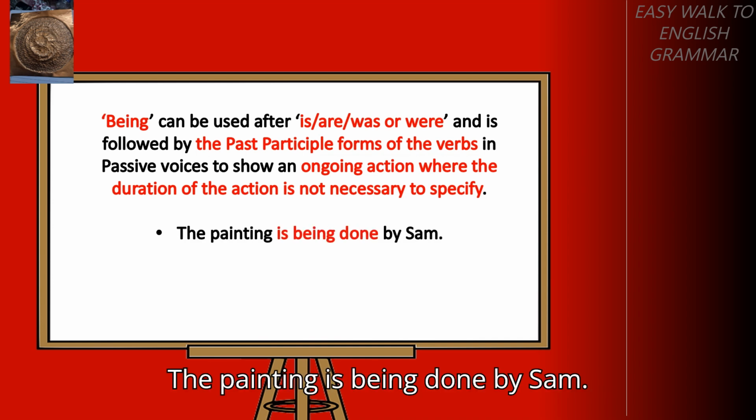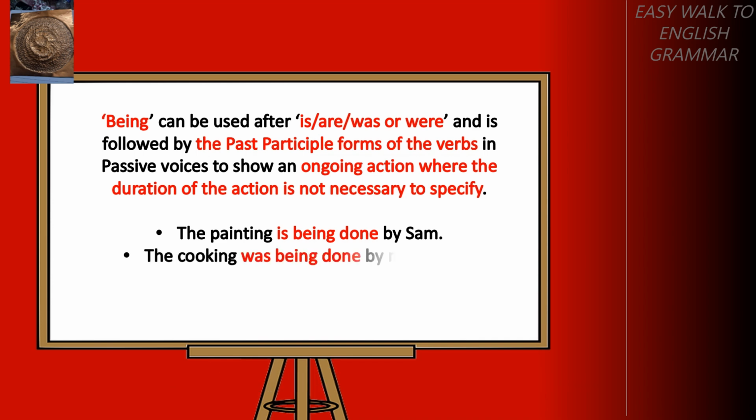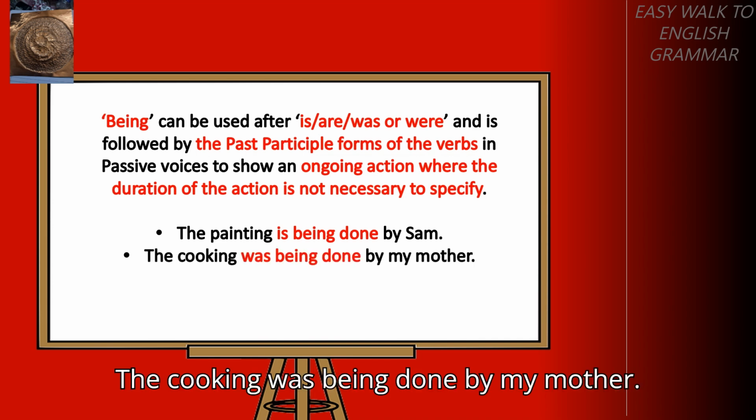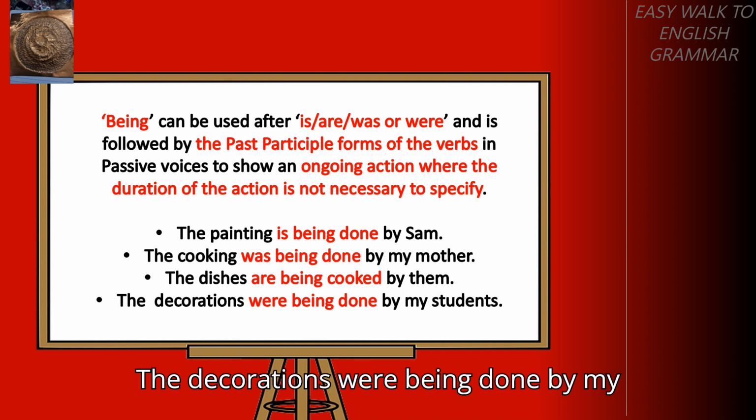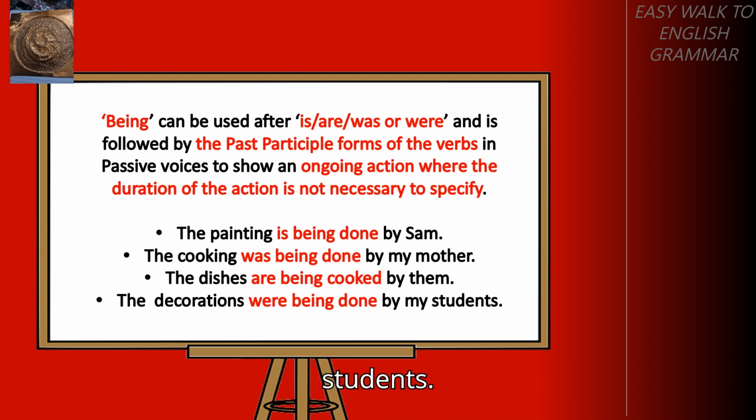The painting is being done by Sam. The cooking was being done by my mother. The dishes are being cooked by them. The decorations were being done by my students.